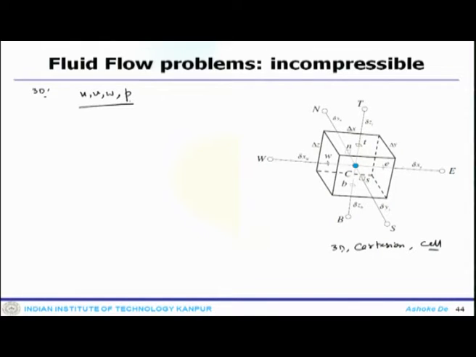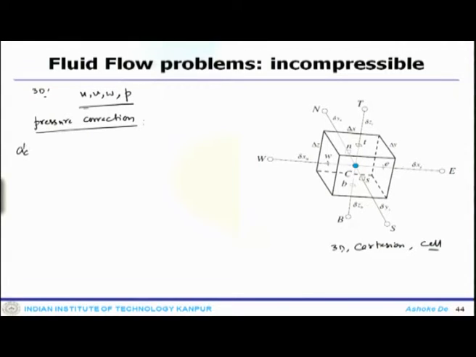So, in 3D also similarly you need to get a pressure correction equation. Now, the pressure correction equation will have more coefficients, or your matrix will become larger in size.